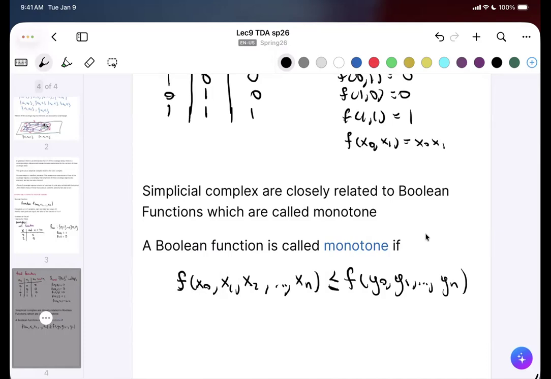One of the inputs I'll call x0, x1, x2 up to xn, and the other input is called y0, y1 up to yn. The function is monotone if the value of the function at this particular string, which you can also think of as a sequence of letters, is less than or equal to the value of the function at this other word, whenever, coordinate by coordinate, the entries are less than or equal to the other.